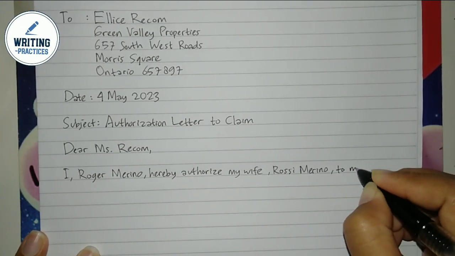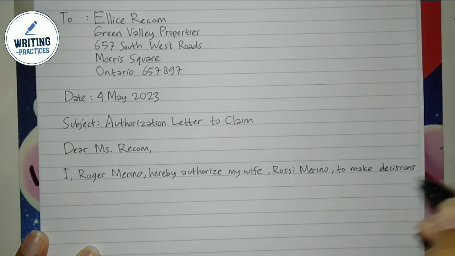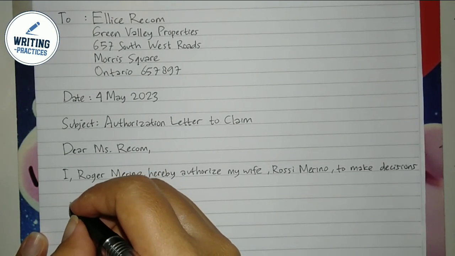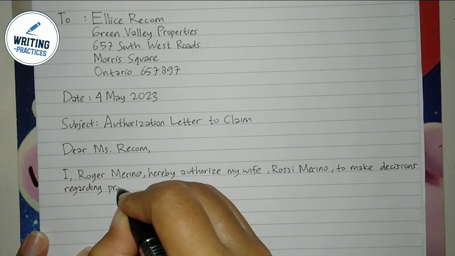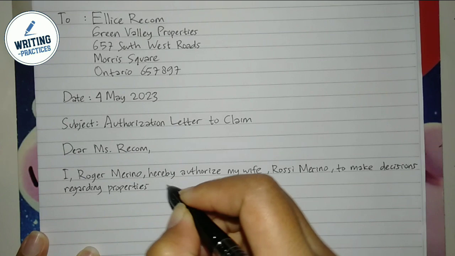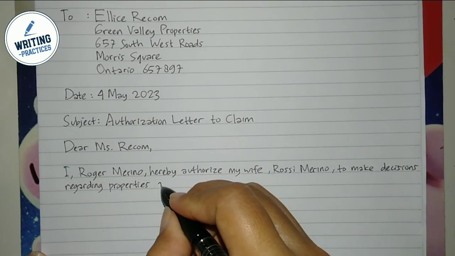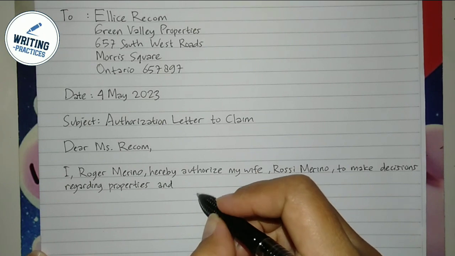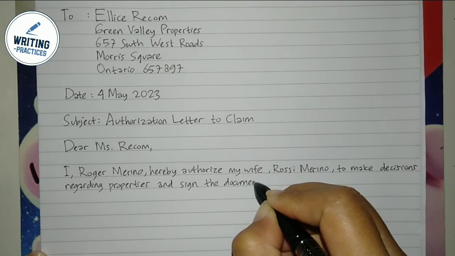For example, this authorization letter is about a husband named Roger who wants to give his wife an authority to claim a property. So, he asked the recipient to let his wife make decisions about properties and fill and sign some documents.